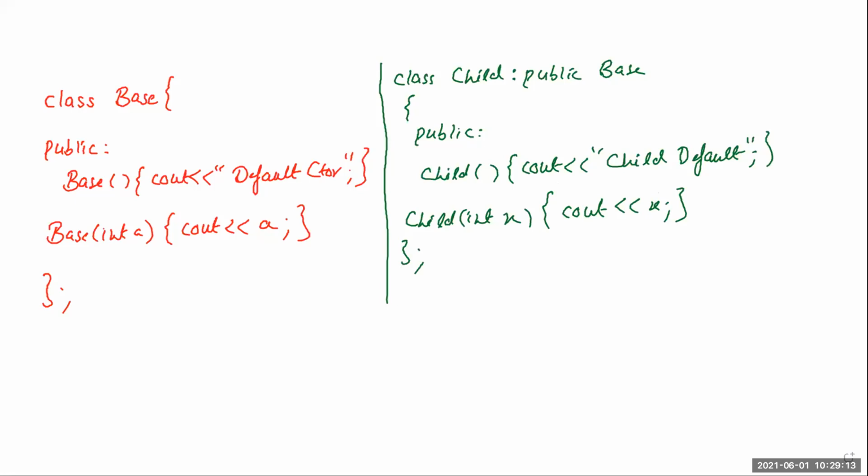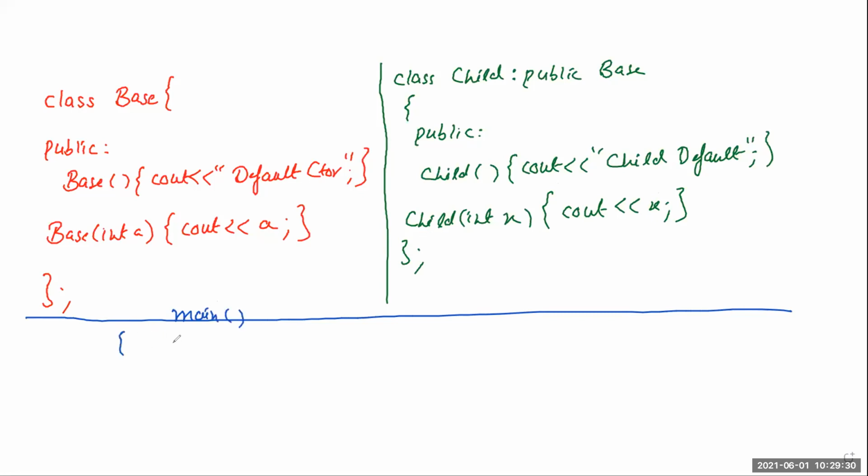Okay, now we'll be making objects of the parent class and child class, and then we'll see what is going on. Again, this discussion is only from the perspective of the constructor, nothing else. So in the main, we already know that if I make an object of the parent class, base b, what happens?